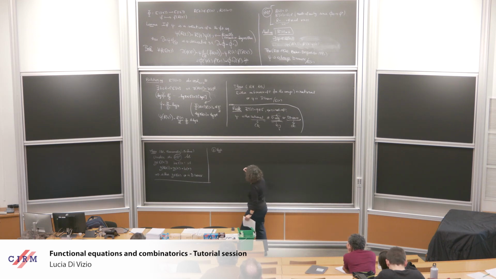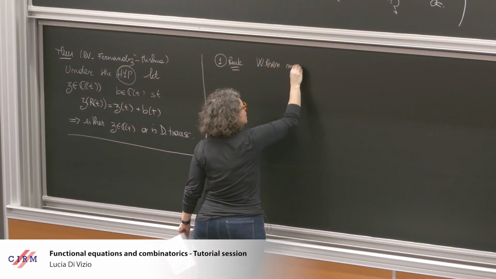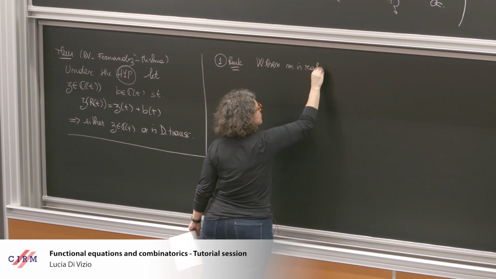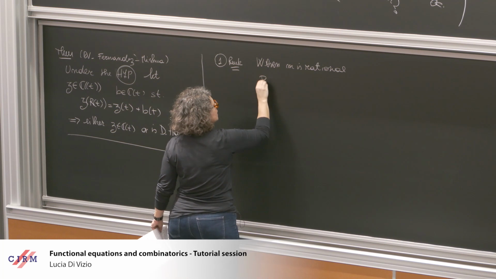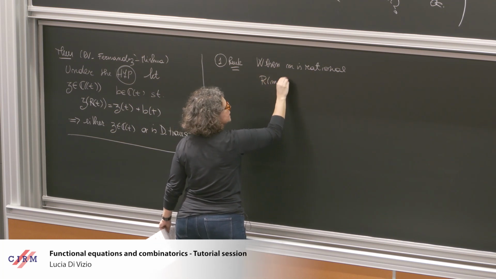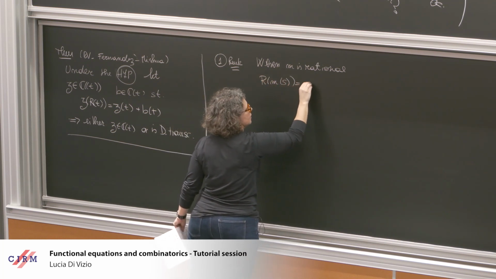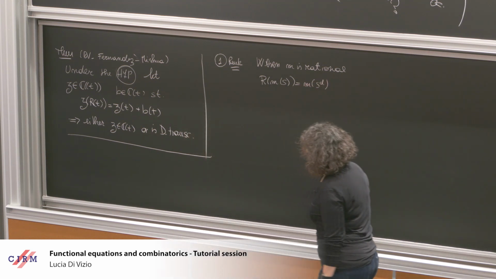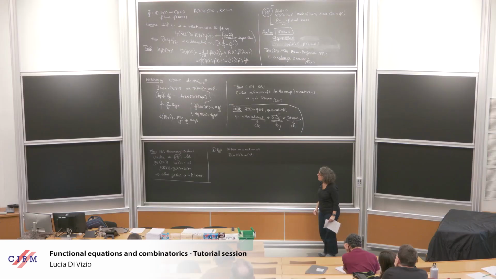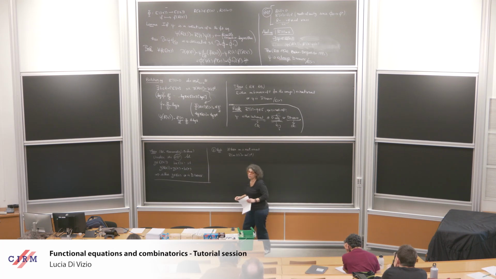Using the theorem up there, when M is rational, then R of M of S is equal to M of S to the power D. So maybe you can guess it. This functional equation actually reduces to a Mahler equation.